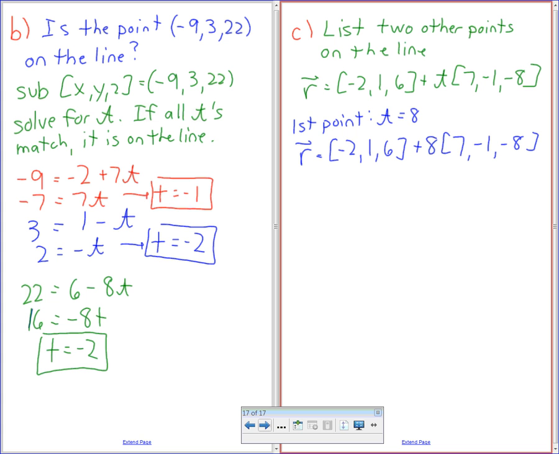A beautiful vector addition here. That's going to be your first point right there. And again, it's a Cartesian point: 54, negative 7, 58 as a vector.